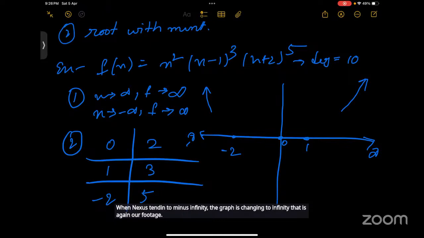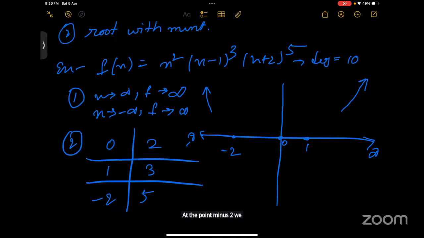At the point minus 2, we have odd multiplicity. That means this type of figure, right? Yes, this type of figure. At 0, we have even multiplicity.